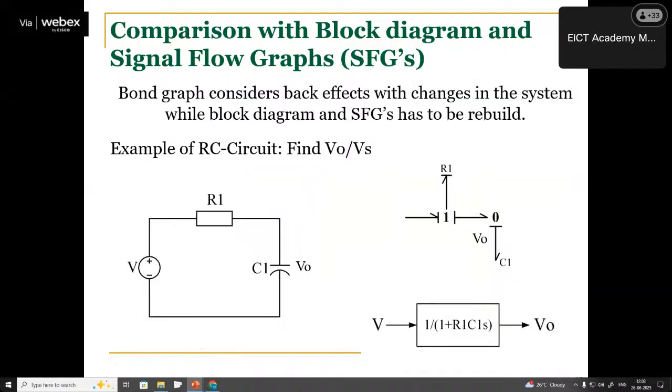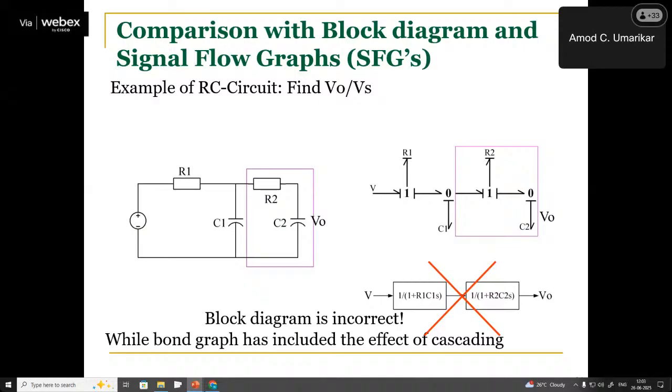What I want to show here is that you cannot cascade block diagrams, but you can cascade bond graphs. It doesn't affect the original system. While you cannot simply cascade the block diagram, you have to rewrite the equation again to obtain the overall transfer function. Yes or no? Yes, sir. You're right. So that's the advantage of bond graph.